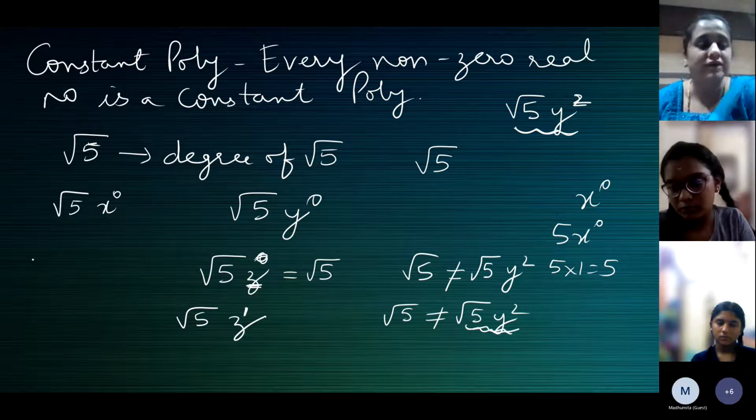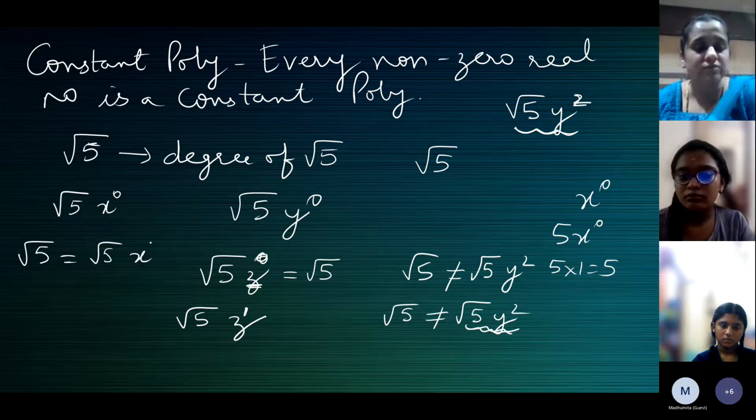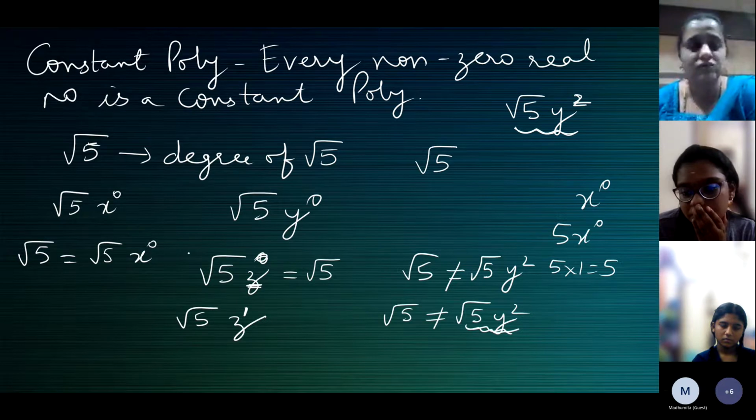So the only way of writing root 5 is root 5 any variable raised to the power 0. So say x to the power 0. What's the power of x? 0. So the degree of a constant polynomial is 0. Because what decides the degree? The power of the variable, the highest power.